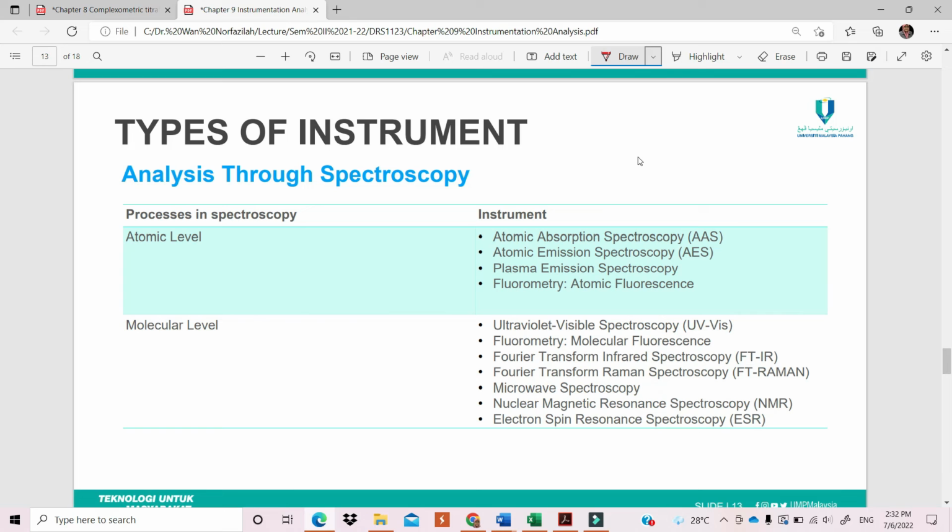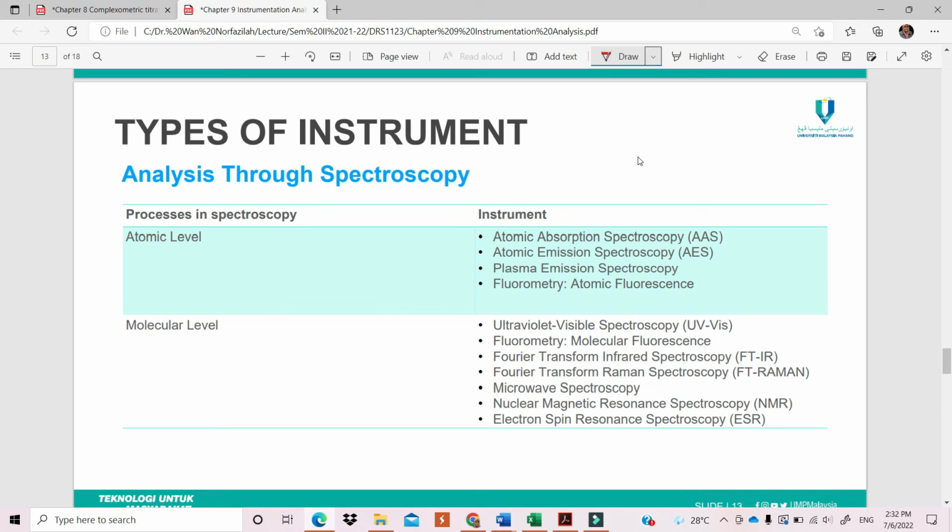Okay, type of instrument under spectral methods. We have atomic level and molecular level. So for atomic level, we have atomic absorption spectroscopy.